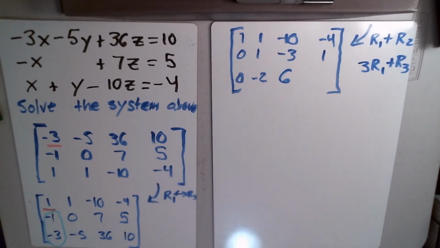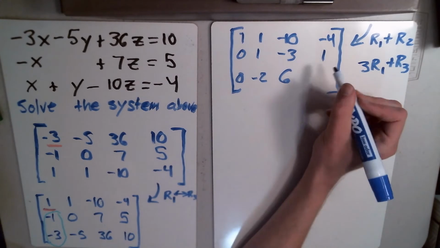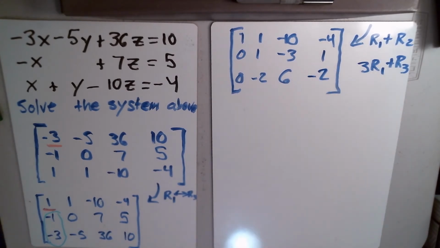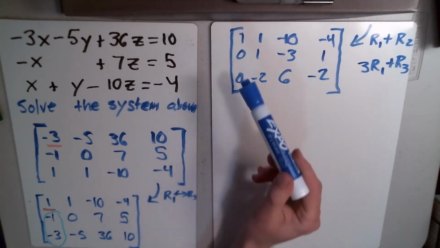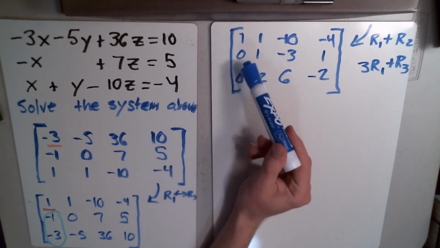Okay, and then 3 times -4 is -12, and then plus 10 is -2. Okay, so we did some row operations to get these two to be 0.